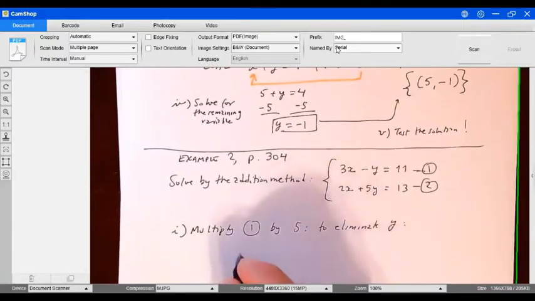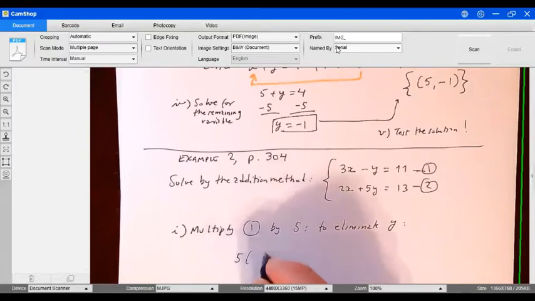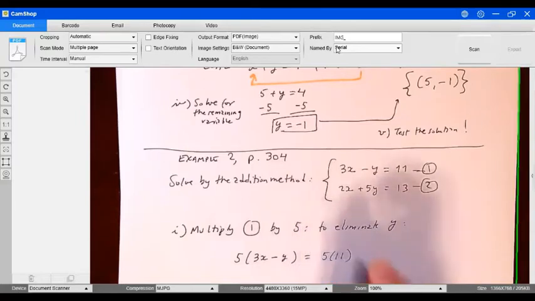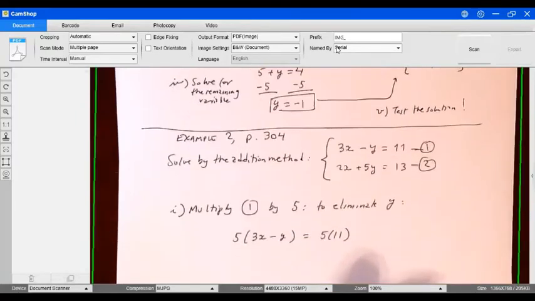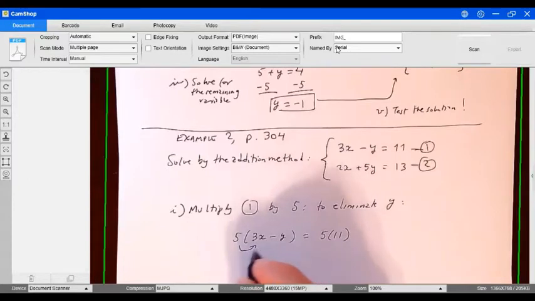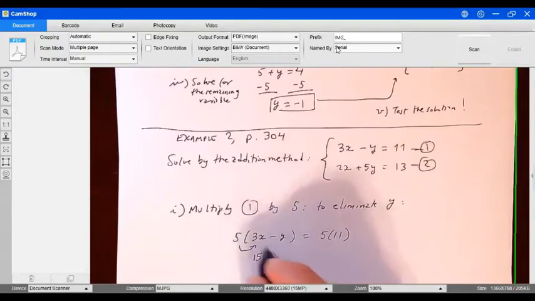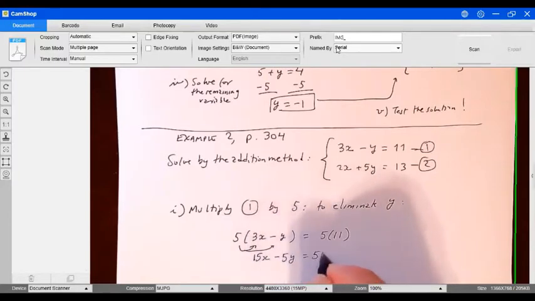So I'm going to multiply the first equation by 5. We need to multiply both sides of the equation. So this is going to be 15x, and this is going to be -5y, and this is going to be 55.